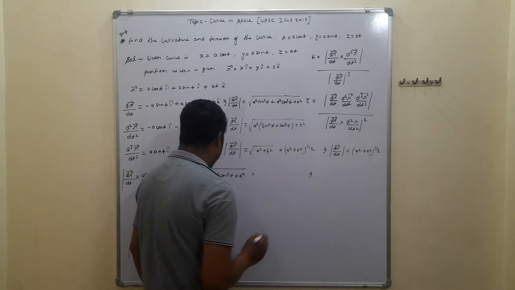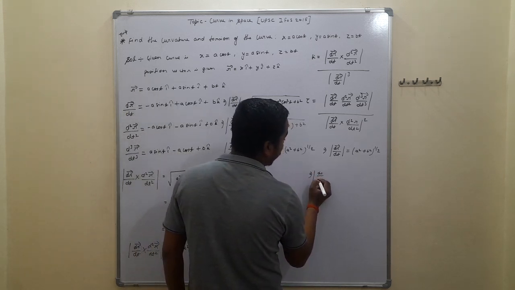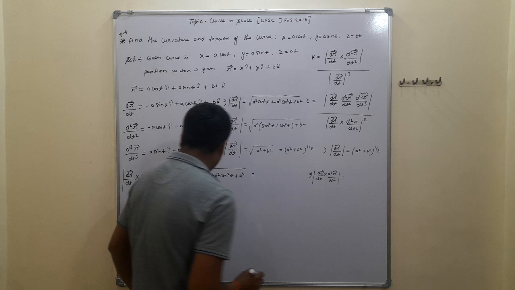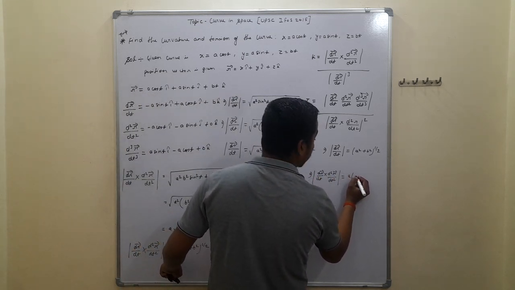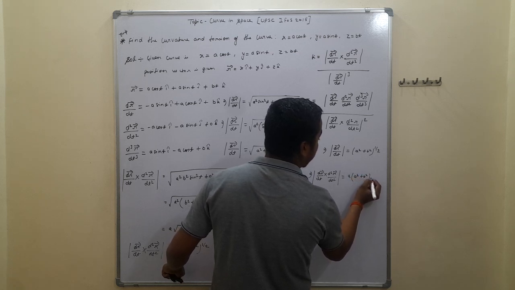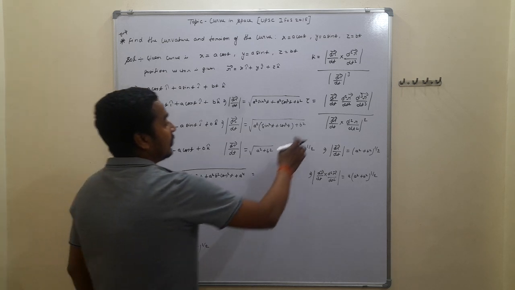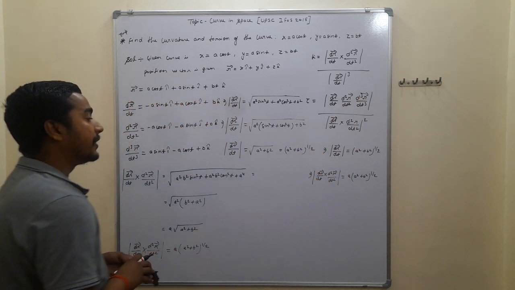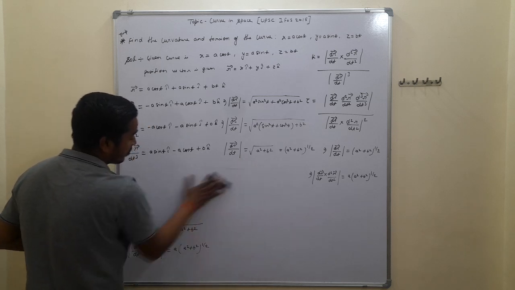Further, we have to calculate the value of mod of dr upon dt into d2r upon dt square, which is given by a into a square plus b square to the power 1 by 2. And further we have to calculate dr upon dt into d2r upon dt square into d3r upon dt cube, and further we have to solve for this.